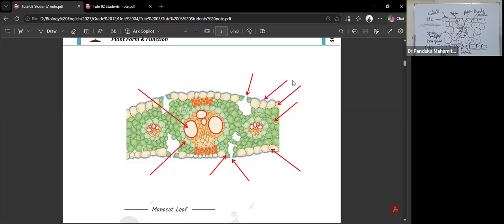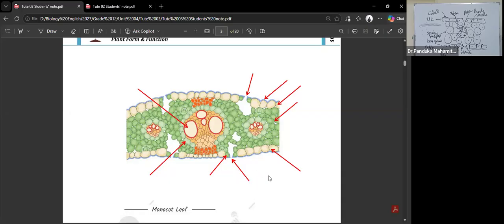This one is the upper epidermis. And this arrow is mesophyll cells. You just write mesophyll cells because you don't see spongy or palisade ones. And this is the lower epidermis.